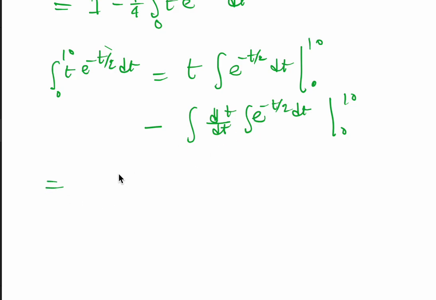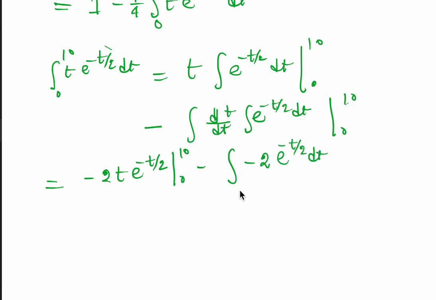This integration will be minus 2 t e to the power minus t by 2 from 0 to 10, minus the integral of minus 2 e to the power minus t by 2 dt from 0 to 10.